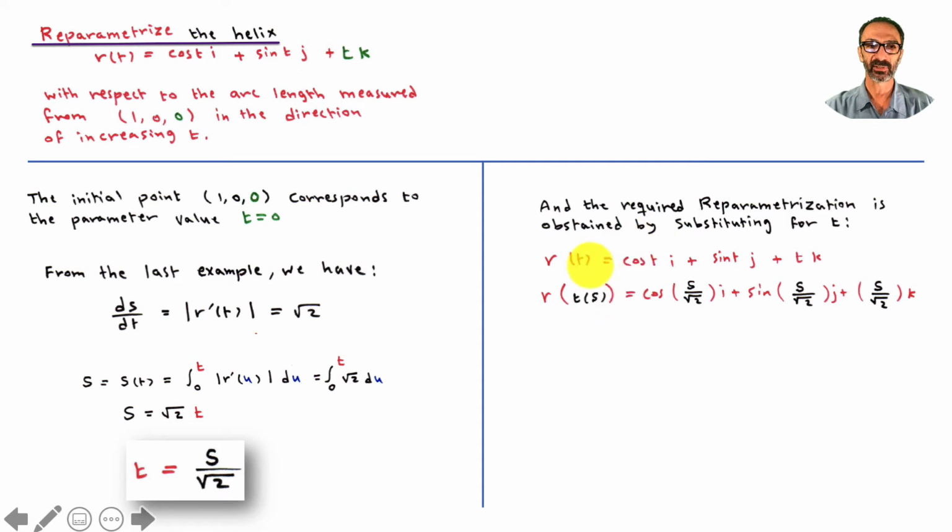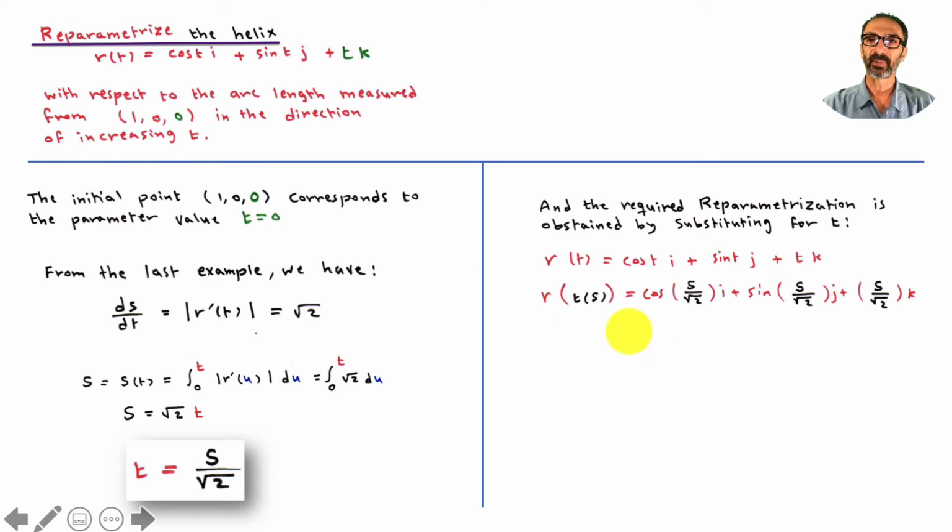All you need to do is rewrite it as a function of s: s over square root of 2, s over square root of 2, and the same thing here, and we're done. Now, these components don't speak t, they speak s, so we are changing the language from t to s. It's going to be the same problem.